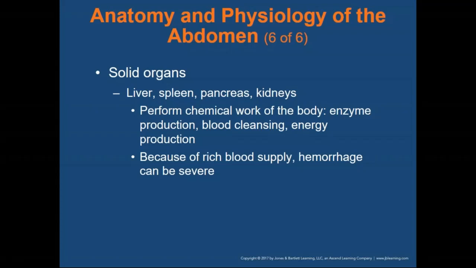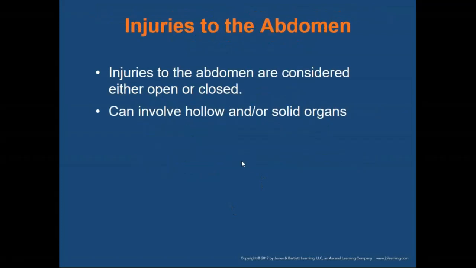The biliary tract connects to the pancreas. A ruptured pancreas can actually cause those digestive enzymes to start digesting organs in the abdomen. Come back for paramedic school and we'll talk all about that. Okay.